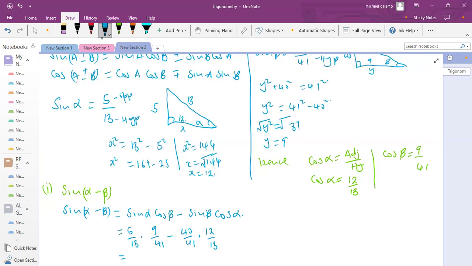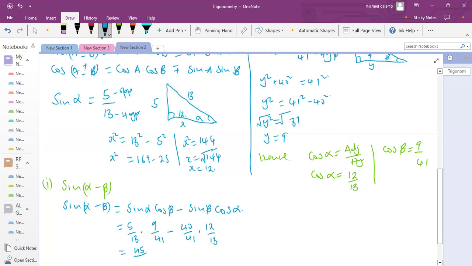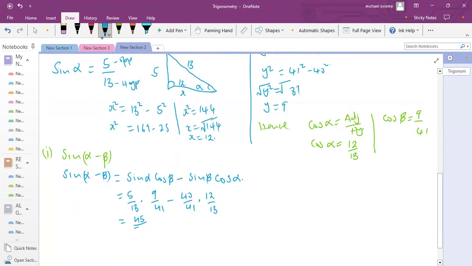So we compute this one. You'll get 45 over 533 for this one, and minus 480 over 533.